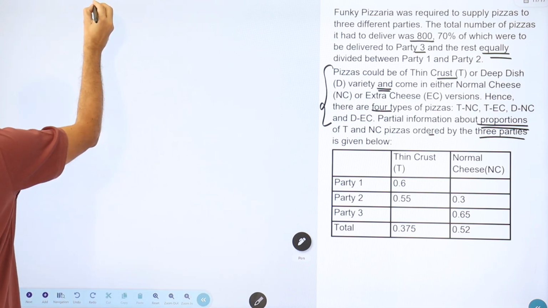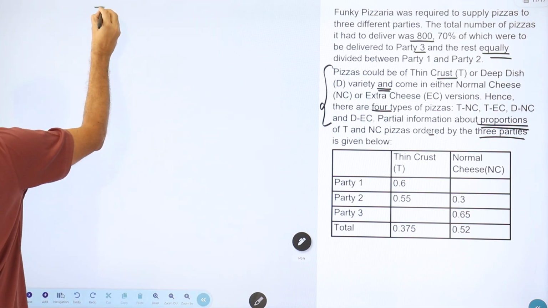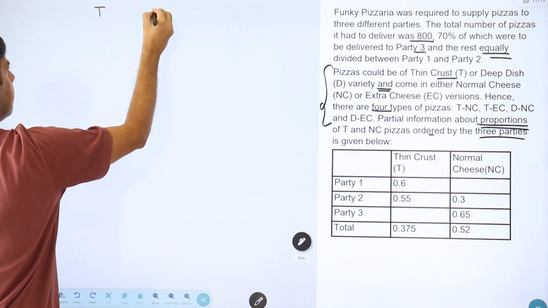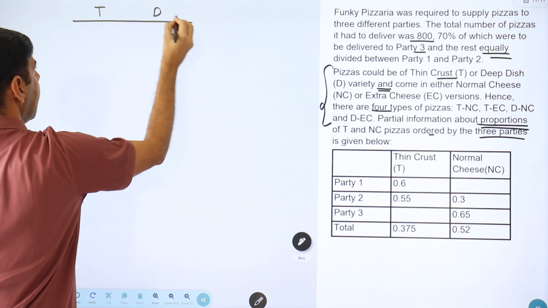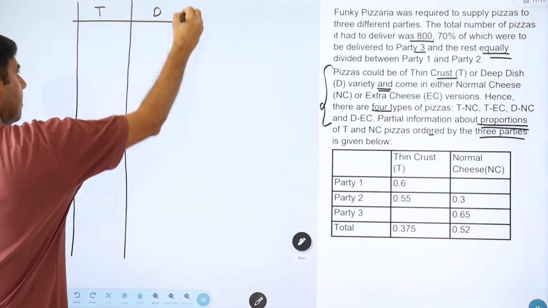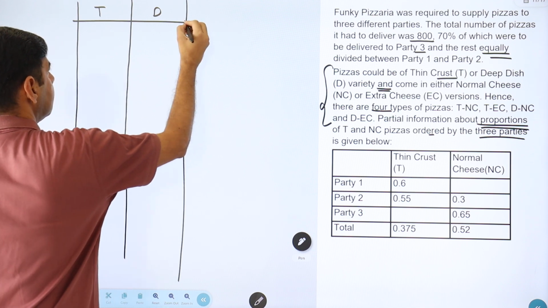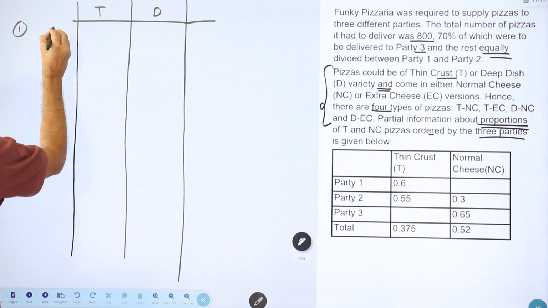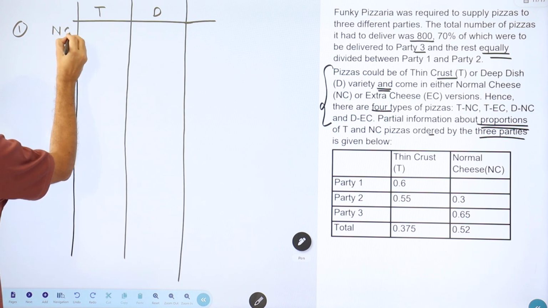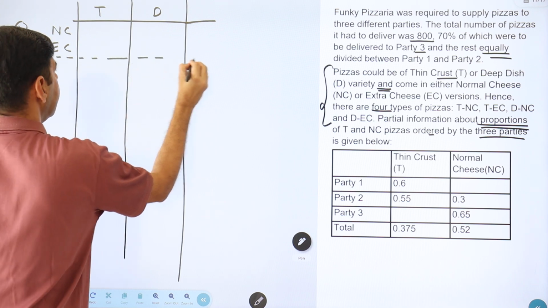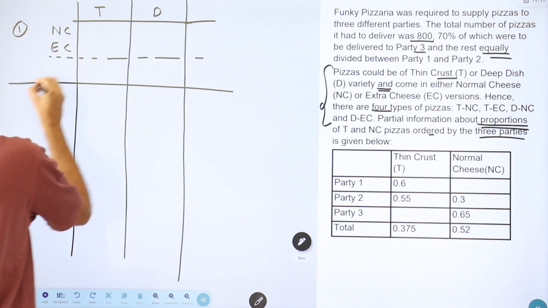So this is how I would do it. I would take thin crust and deep dish. So let me keep a little margin and then the total. So this is thin crust, deep dish, and I have the total to the right. Now for party 1, I'll make the classification between normal cheese, extra cheese, and then the total for them. So this is party 1.